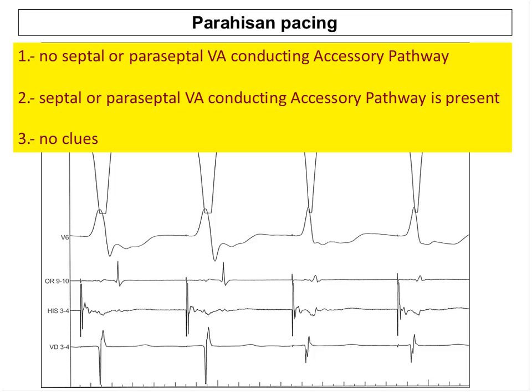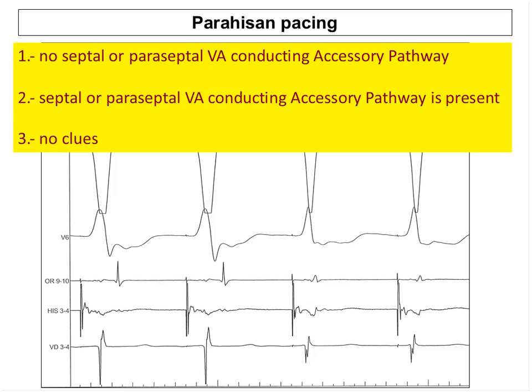And that also signifies that you are directly entering the His bundle and then activating the apex much faster. So this is another way of checking that you are really stimulating the His bundle. Absolutely, that's a great point. You made a great point, Fernando.